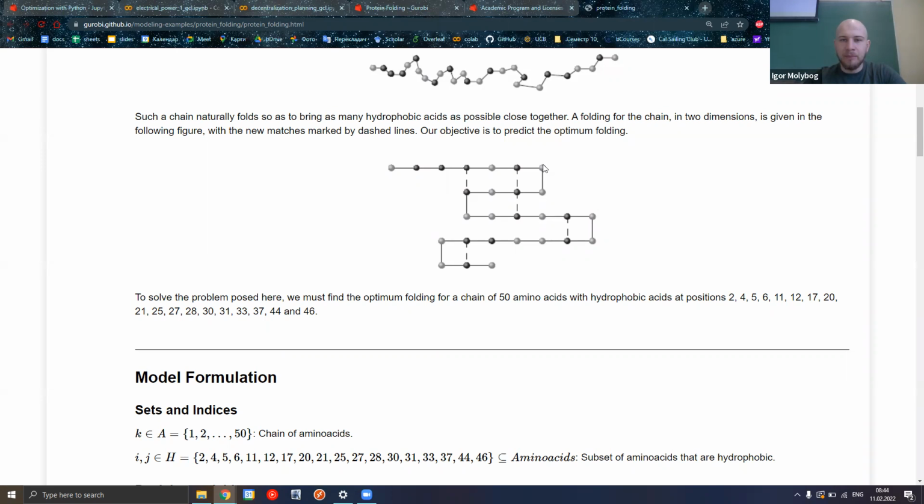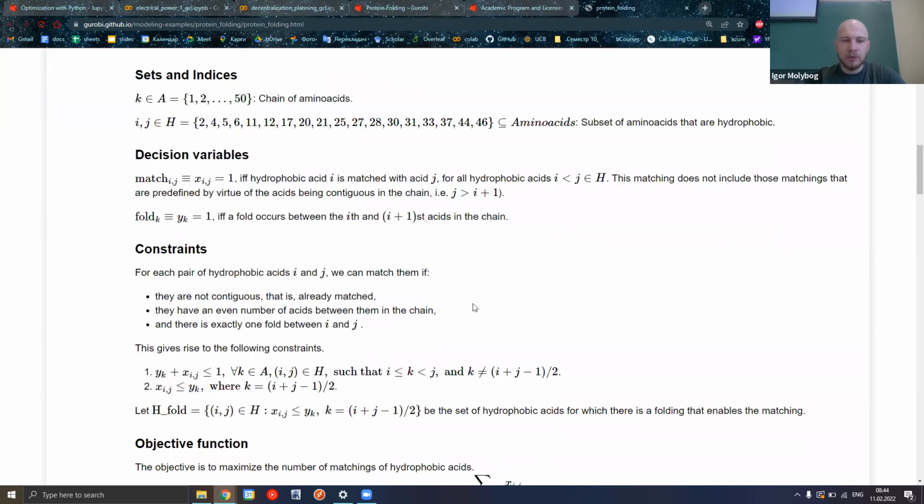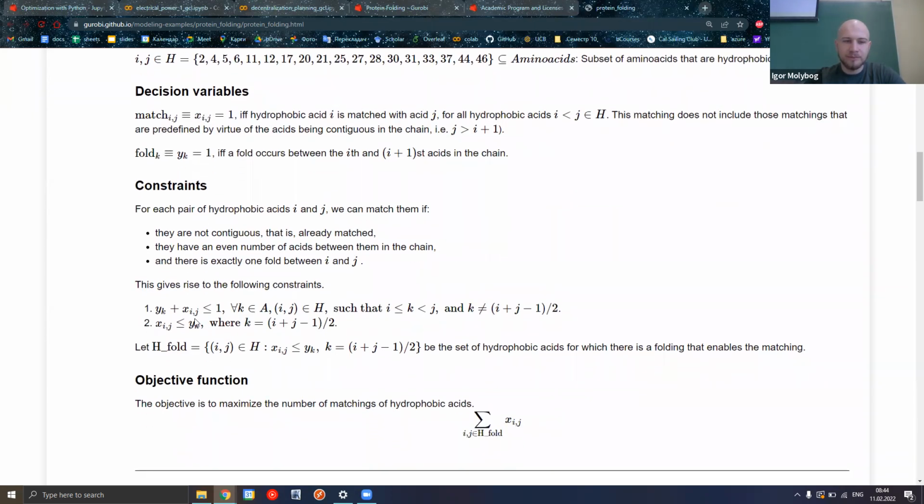Then between this acid and this acid, there is a fold exactly in between them, this one. However, there's another fold that happened between them. Therefore, we need to prevent matchings for cases when we have several folds between two acids. How to put this down in the form of a constraint?